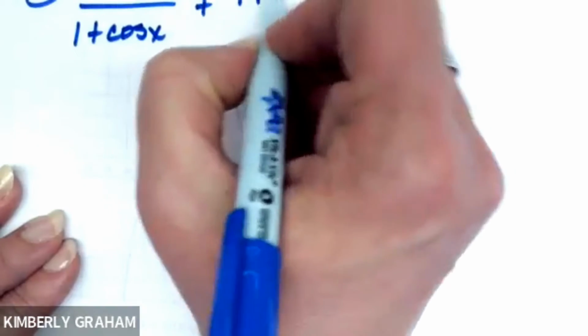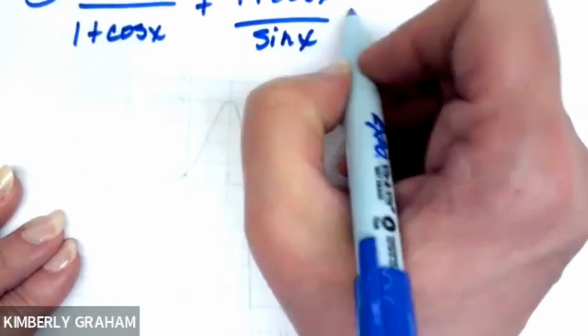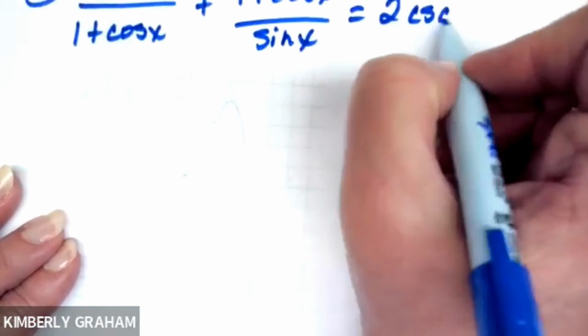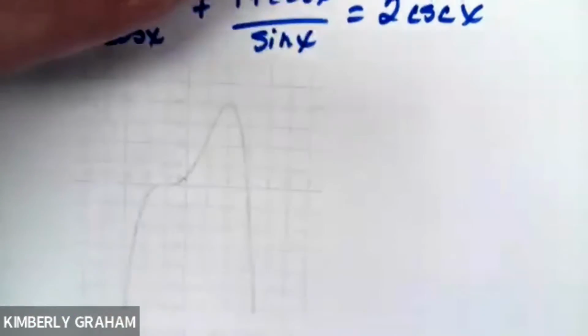All right, so problem 5: sine x over 1 plus cosine x plus 1 plus cosine x over sine x equals 2 cosecant x. That is what I am trying to prove.